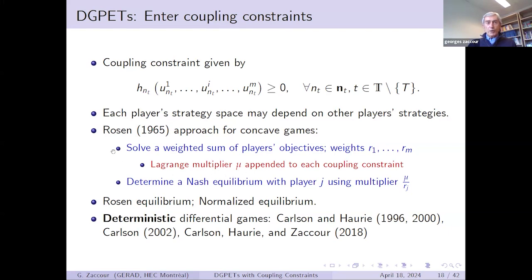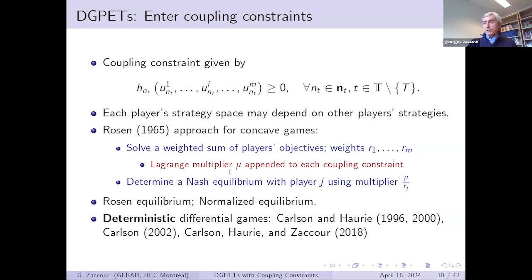of situation. So what Rosen showed in the case of concave games is that to deal with this kind of situation, what we need to do is first solve a weighted sum of players' objectives. Now you have n players, give each player a weight, so Ri to player I, and solve the joint problem appending a multiplier mu to each one of these coupling constraints.